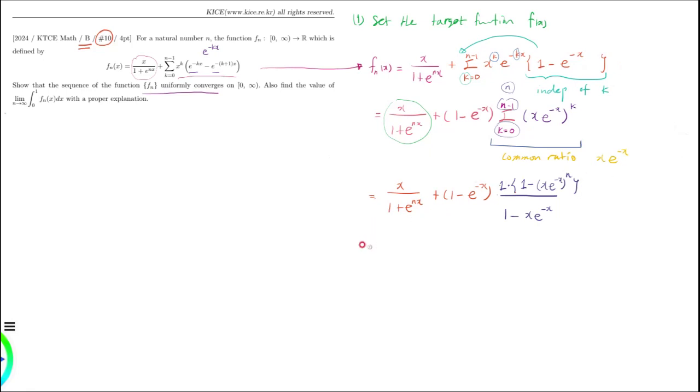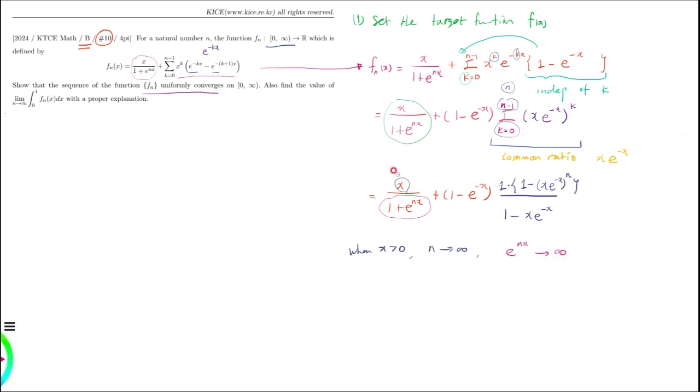To figure out the target function, I'm going to separate two cases here. When x is strictly positive, let me take the limit as n goes to infinity, and then e to the nx power goes to infinity.